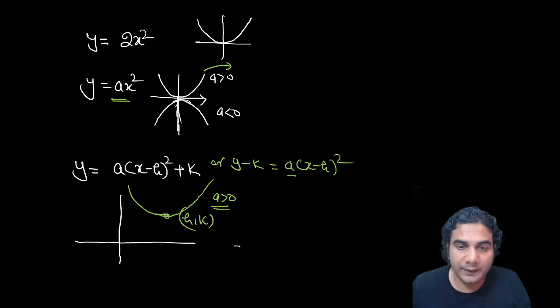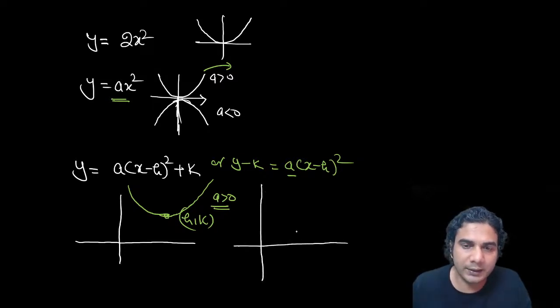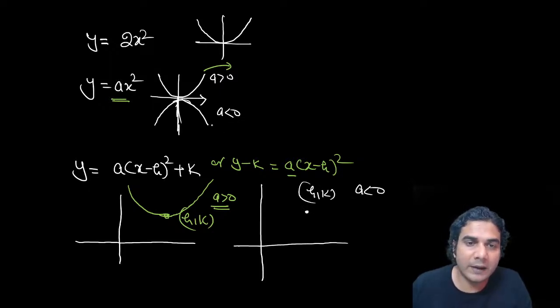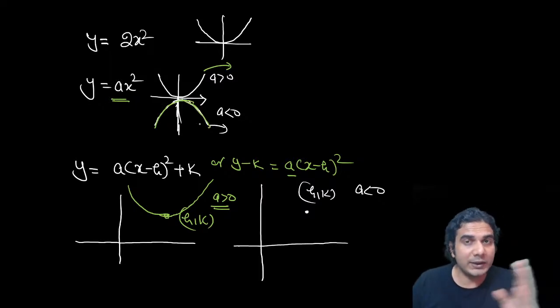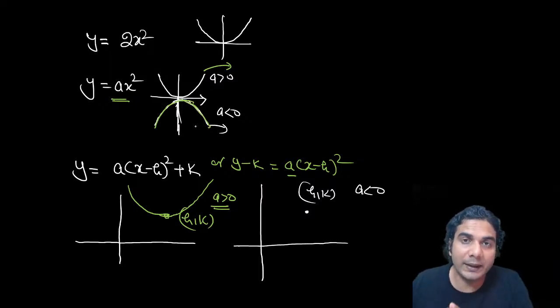But if a is negative and h and k are still positive, let's take the same point here. This is h comma k and a is negative. So this graph will now transform. This downwards graph will shift rightwards by h units, and upwards by k units if we are taking h and k positive.